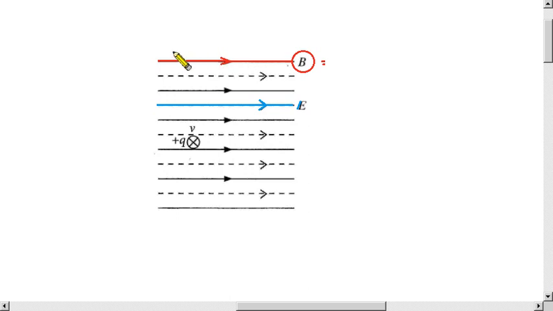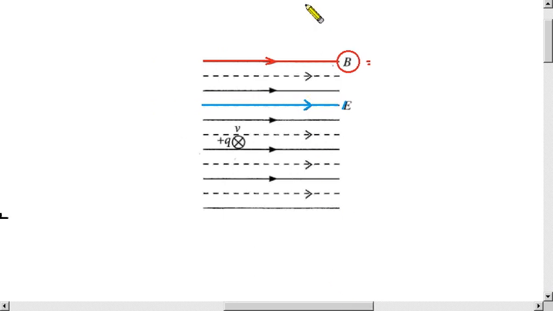To create a magnetic field and electric field, let us first discuss how to create the electric field. To do that, you need two iron plates like this.